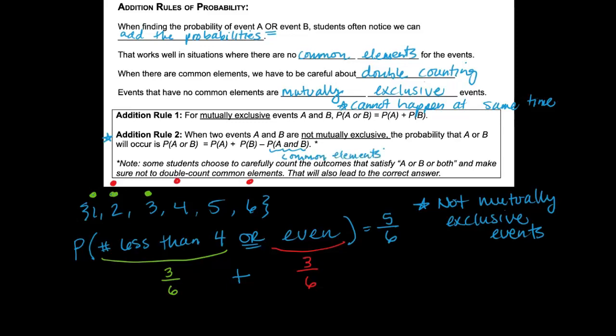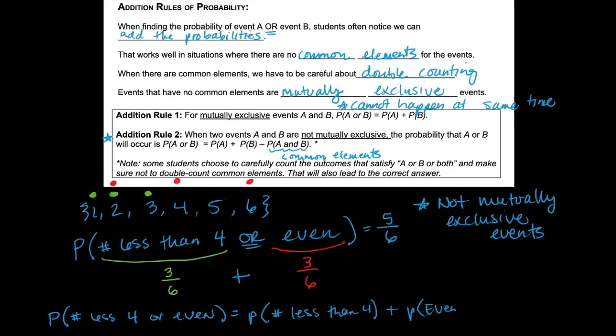So if I use this formula here, if I want to find the probability of a number less than 4 or even, I can find the probability of a number less than 4 plus the probability of an even number minus the probability of both.